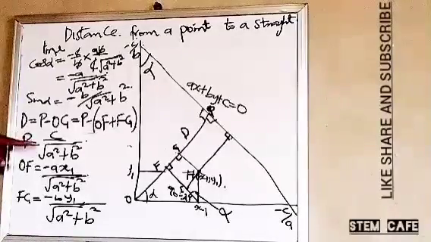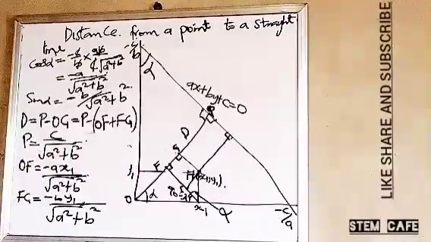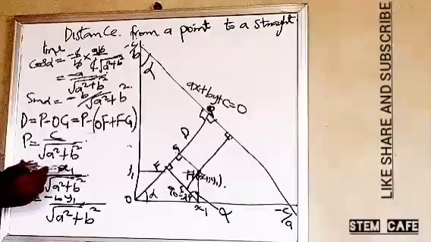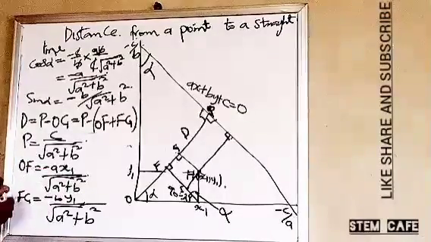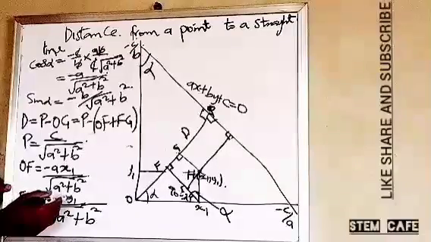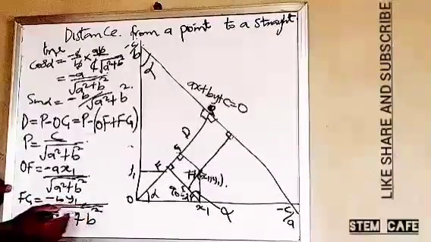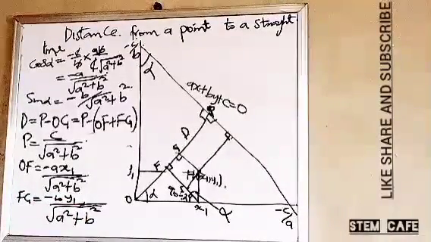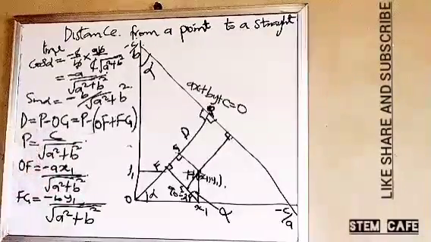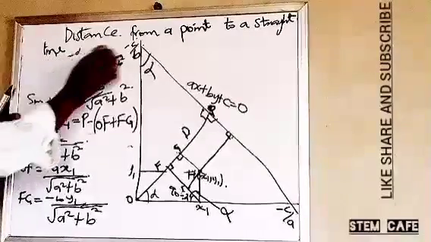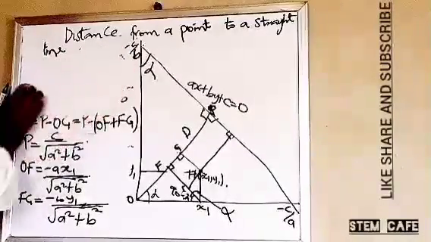So p is minus c over square root of a squared plus b squared. OF is minus a into x1 over square root of a squared plus b squared. FG is minus b into y1 over square root of a squared plus b squared. Now, we are going to subtract the sum of this from this. And what our answer is going to be is this.